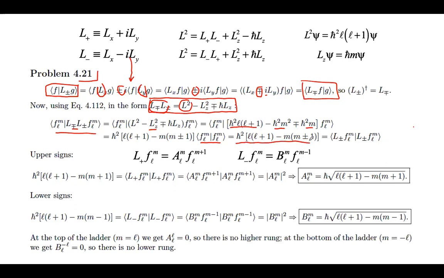Now, here's the clever part, I guess. We've decided that these raising and lowering operators are Hermitian, right? And so that means when I did this right here, look, I can bring one of them out there by virtue of this, and that's exactly what's been done here.